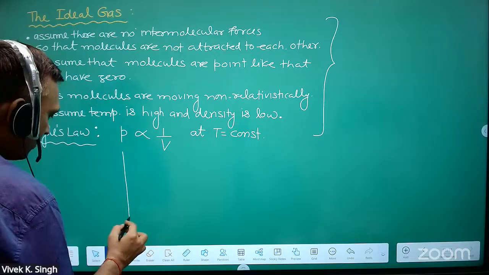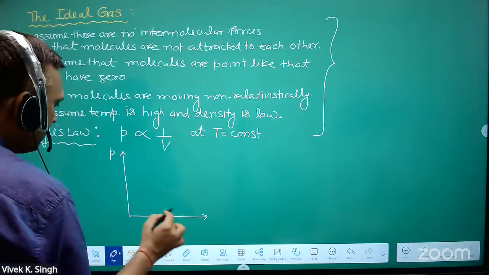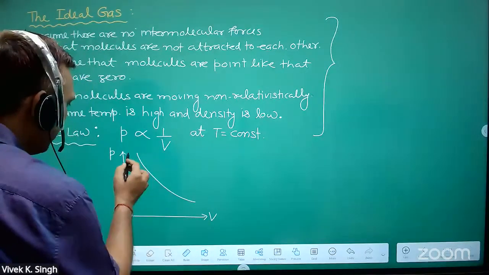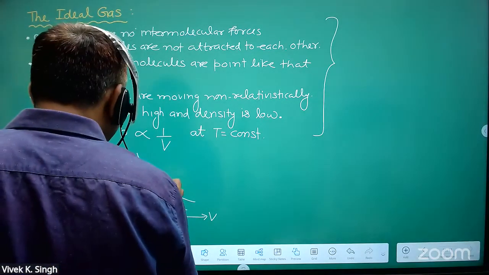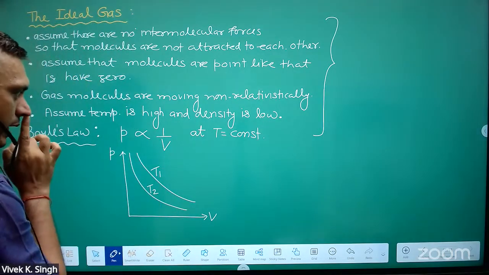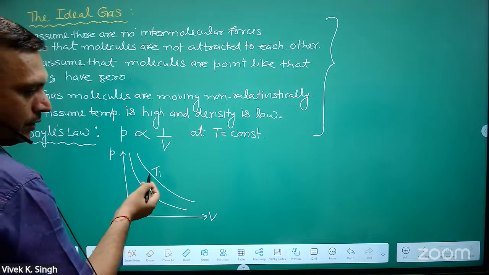Now, if you plot P versus V, you get this type of curve. Let's say this one is at temperature T1 and this one is at temperature T2. What will be the relation between T1 and T2?